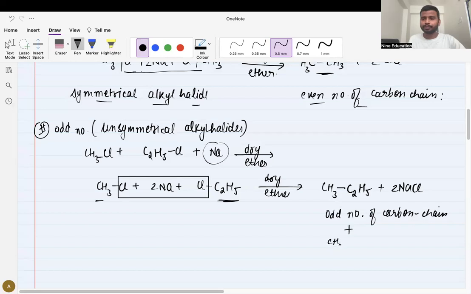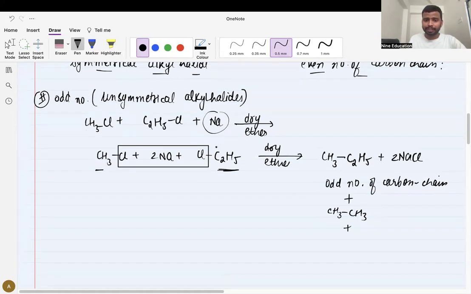So it can also make CH3CH3. This is also one possibility, है ना? Other possibility is that C2H5Cl will itself attack on C2H5Cl, and react with sodium, one more possibility is there, you will get C2H5 and C2H5 bond.